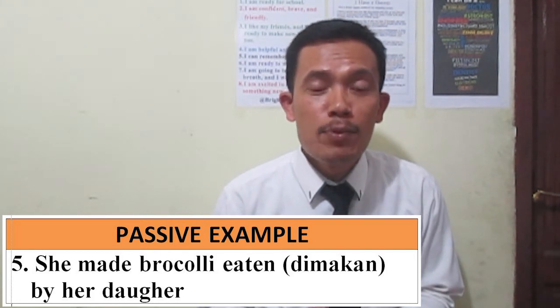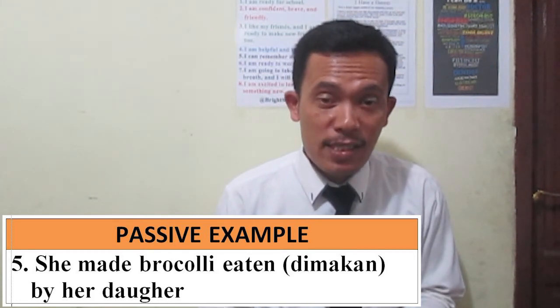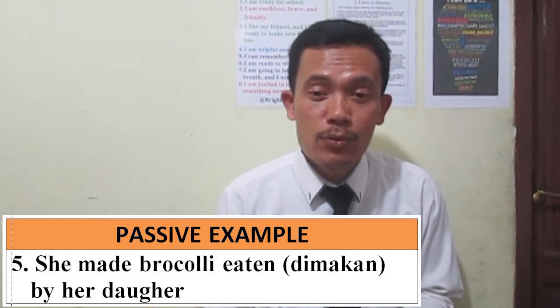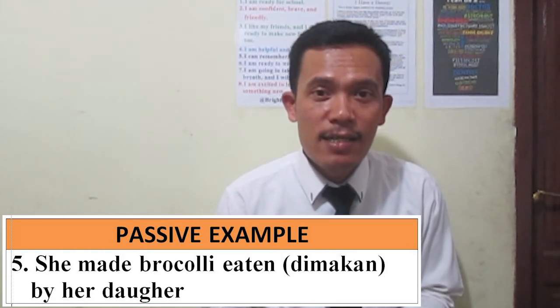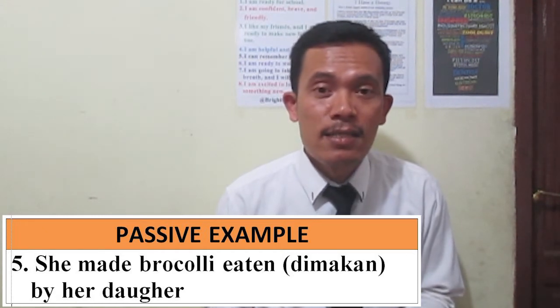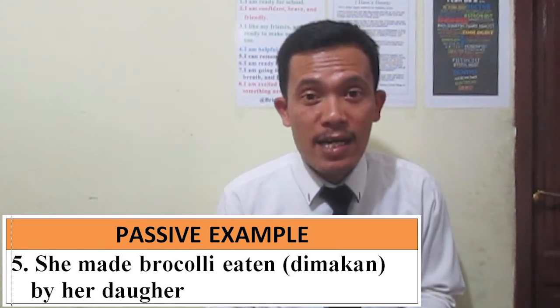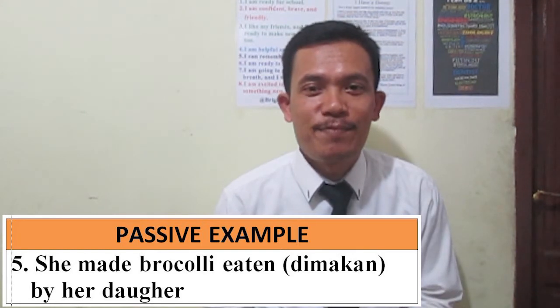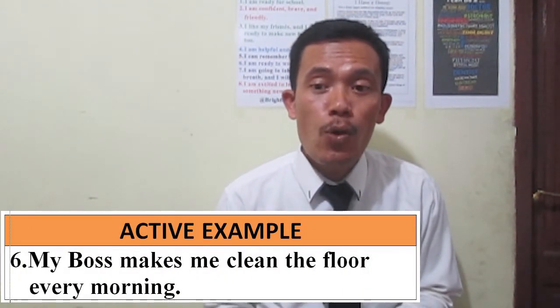Dia membuat sayur brokoli dimakan oleh putrinya. Dia menyuruh atau membuat atau memaksa brokoli dimakan oleh putrinya. It's easy, right?